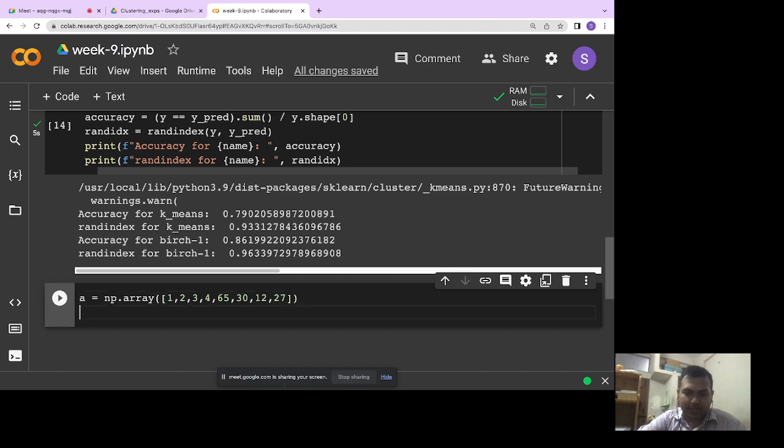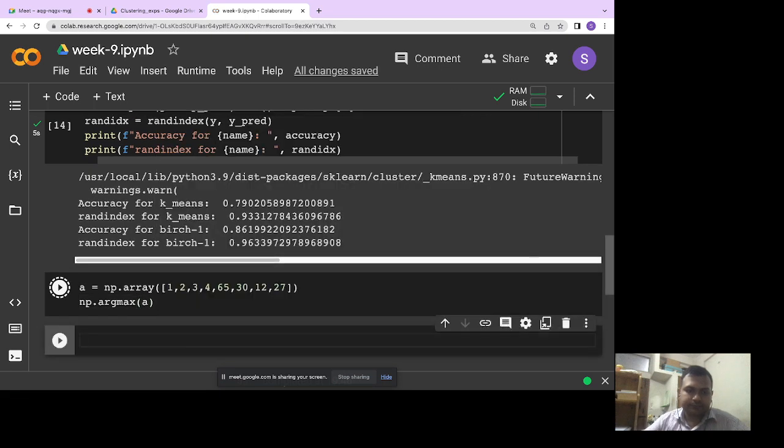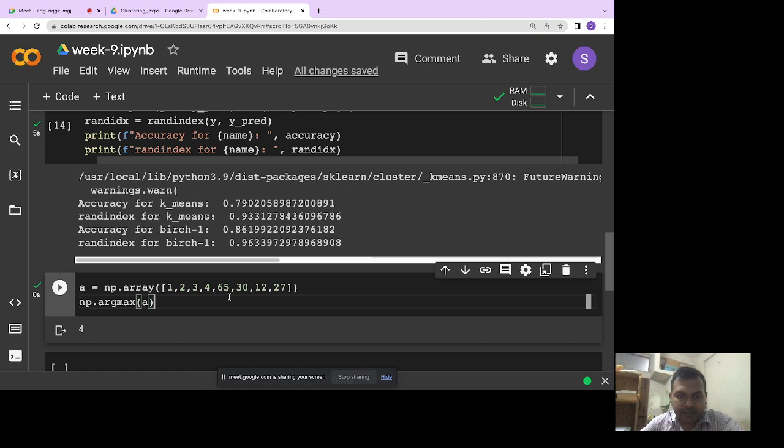Let's say this is my array and I do np.argmax of a. The maximum element is 65, and np.argmax will give you the index where the maximum element is situated, which is 0, 1, 2, 3, 4, the fourth index, and you have got 4. Is it clear?